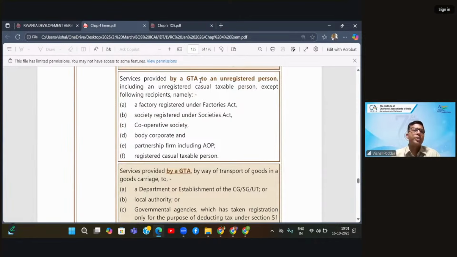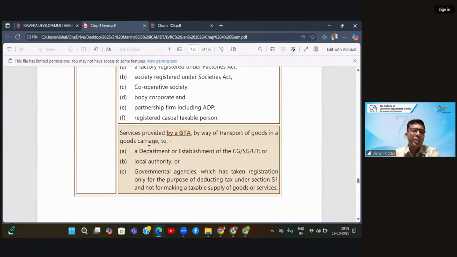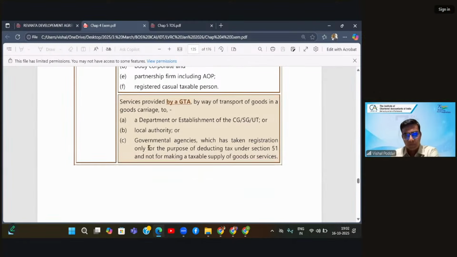Next, where GTA is providing their services to unregistered persons, that will be exempt. However, if it is providing to any of these persons, it will be taxable. And if you remember the RCM list, where the GTA is providing their GTA service to any of these persons, it will be taxable. And the option of RCM or FCM is given to the GTA. So GTA has to decide whether it wants to be under FCM or RCM.